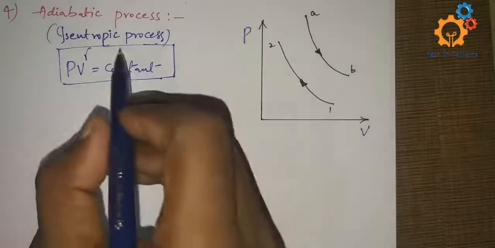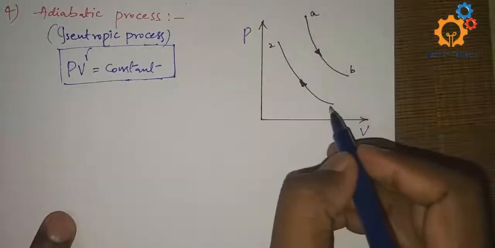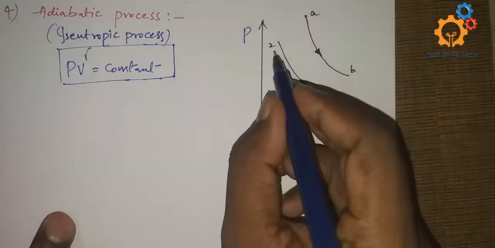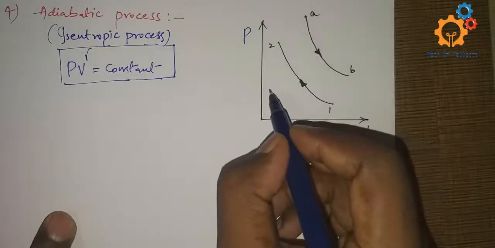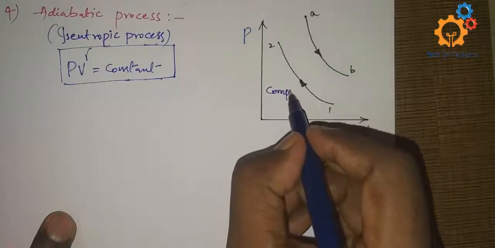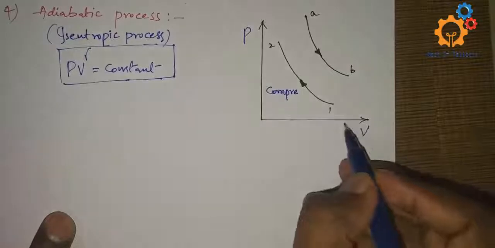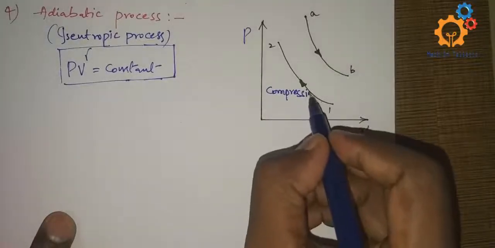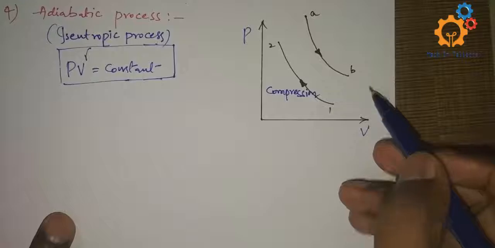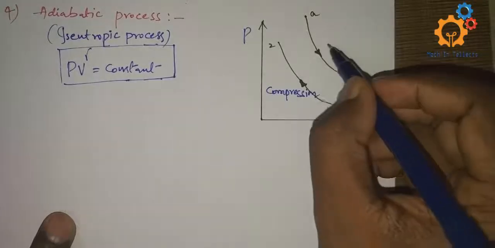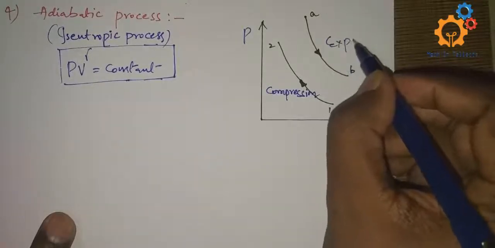That means when pressure is increasing and volume is decreasing, it is a compression process. Here pressure is decreasing and volume is going to increase, meaning it is an expansion process.